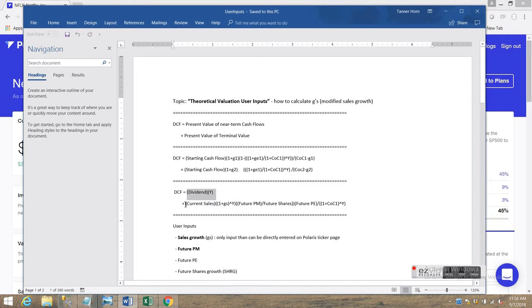You'll notice that the formula has Y, the competitive advantage period, in 3 places. One is the gross sales, in this case 45% for 7 years versus 5. You've also got future shares, computed by taking current shares and multiplying by some share growth over the next 7 years as opposed to 5.